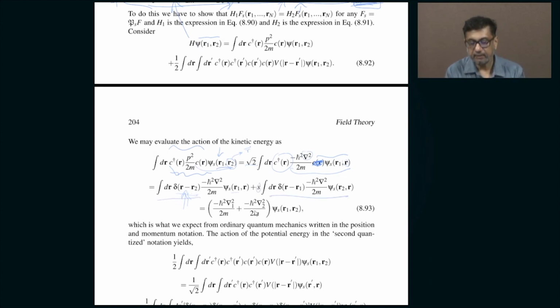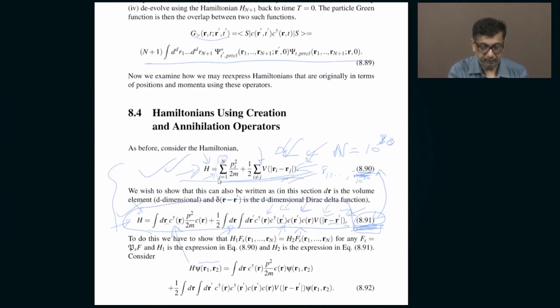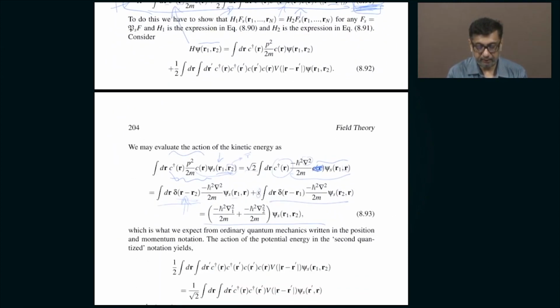So, there is a symmetrization involved, because you started off with a wave function that was properly symmetrized, and you have to end with a state which is properly symmetrized. So, when you work this out, lo and behold, you will get this. And what is this? This is precisely what you would expect if this was acting on psi of R1, R2. Because it is P1 squared plus P2 squared, when those two act on your wave function, that is what you are supposed to get.